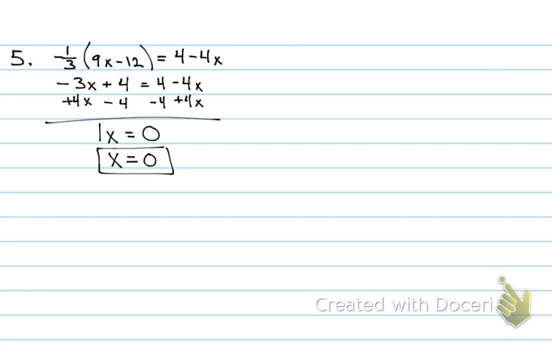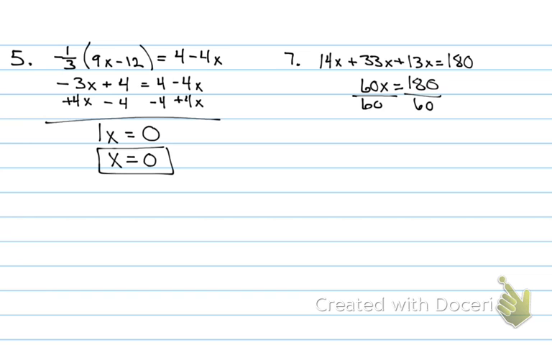We had some questions on number 7. 14x plus 33x plus 13x equals 180. So what we're saying is that these three angle measures together equal 180. I have a lot of people that stopped right here at this answer, x equals 3. Now, while that's true, that's not my answer because it says find the angle measures.